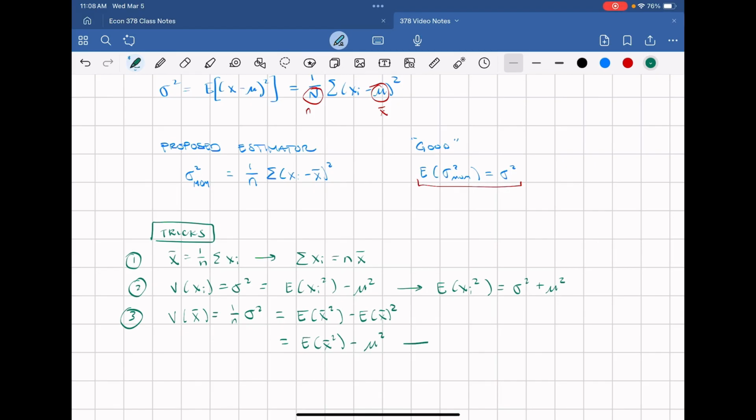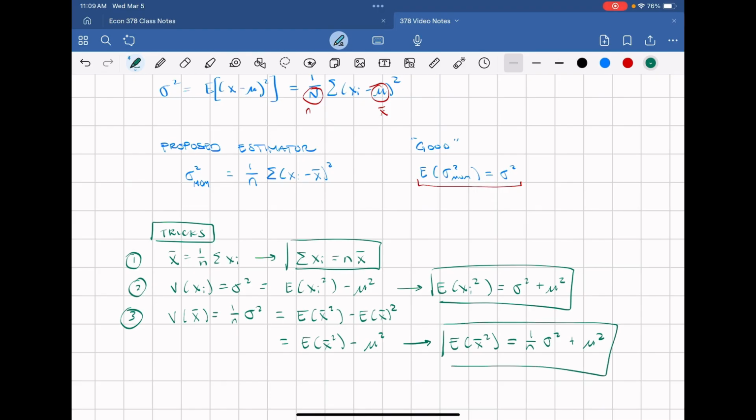And so this implies that the expected value of x bar squared is equal to 1 over n sigma squared plus mu squared. I just added mu squared to both sides. So these are 3 tricks that we're just going to lay out right now, and as we go through this proof, we're going to use those as they happen.